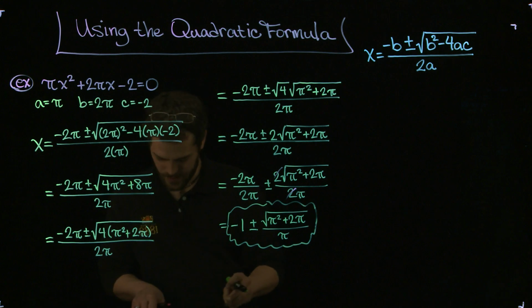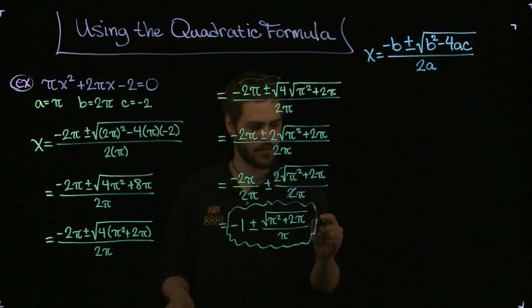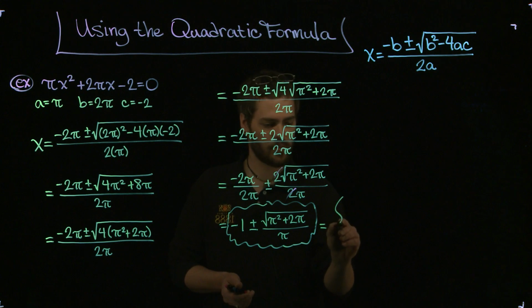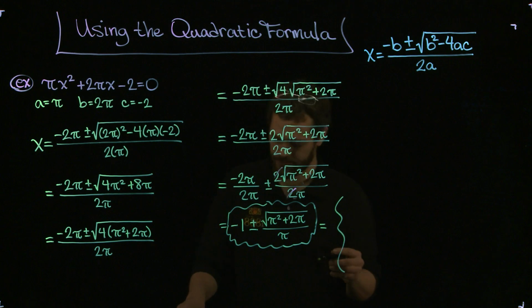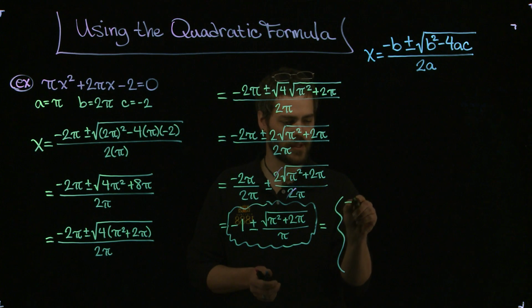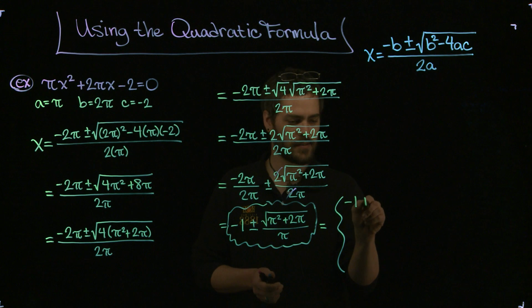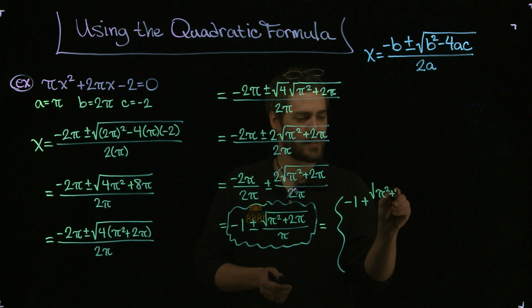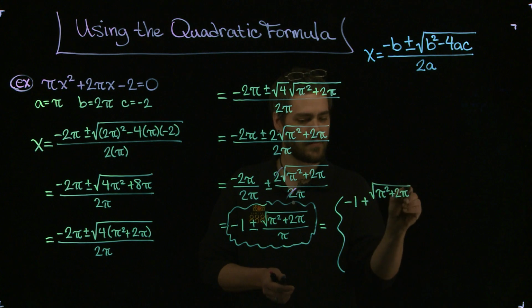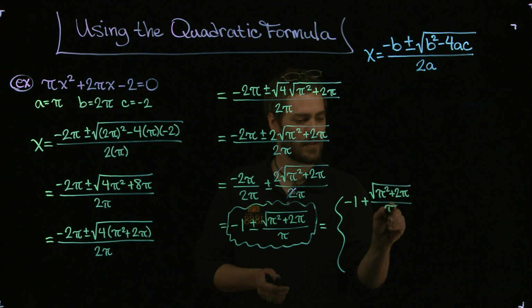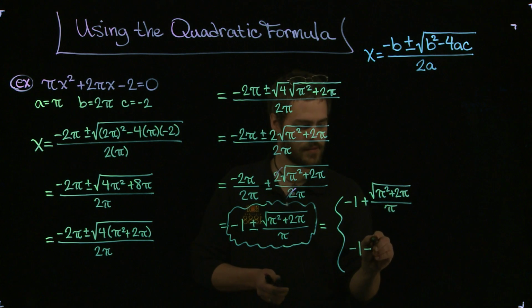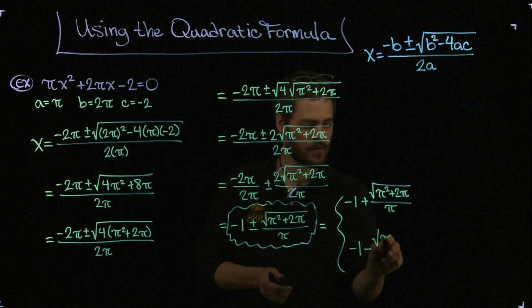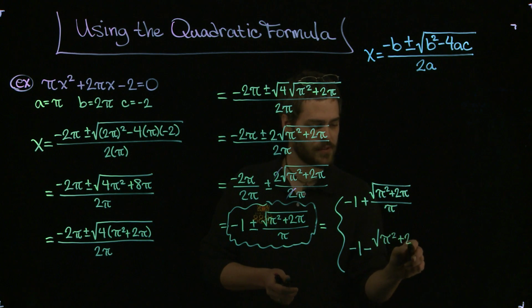And I think I've actually calculated this. I have. So let me break this up into the 2 approximate solutions that you can check on your own time. But just to point out what I'm doing here, it's -1 plus the root of pi squared plus 2 pi, all of that over pi, and -1 minus the root of pi squared plus 2 pi, all of that over pi.